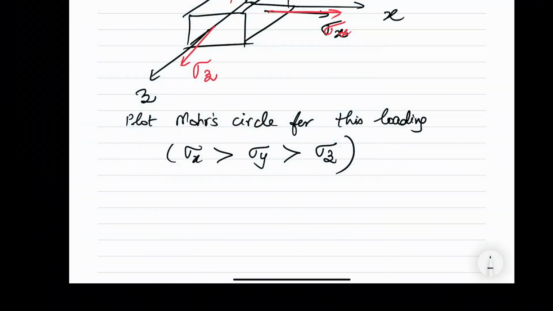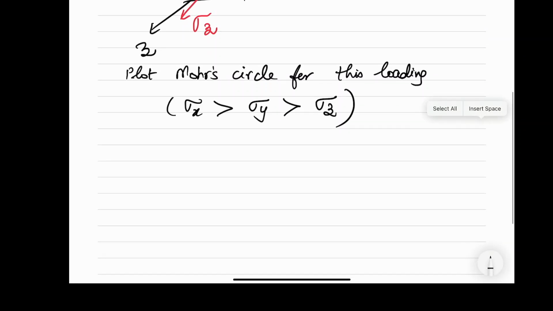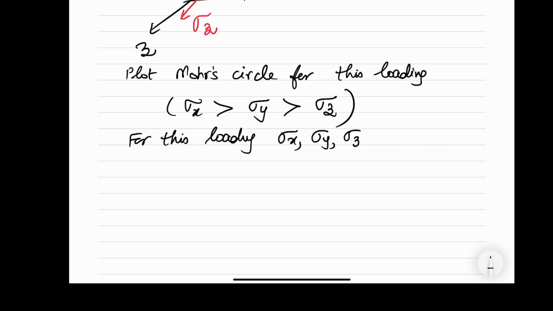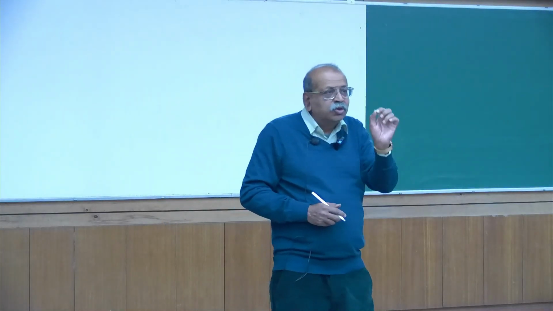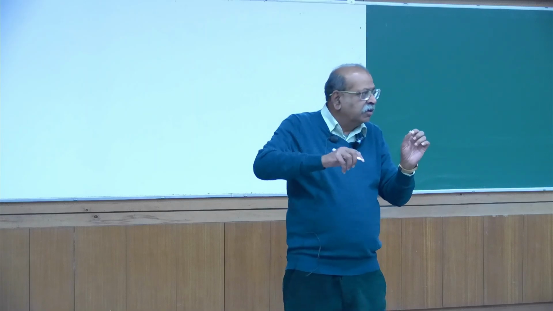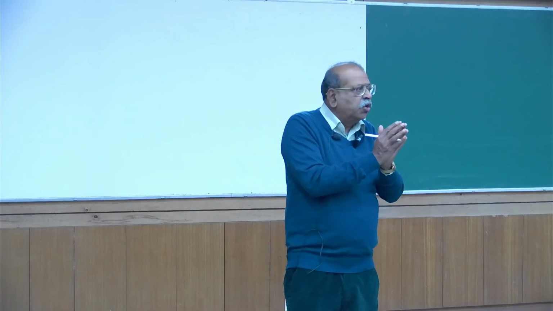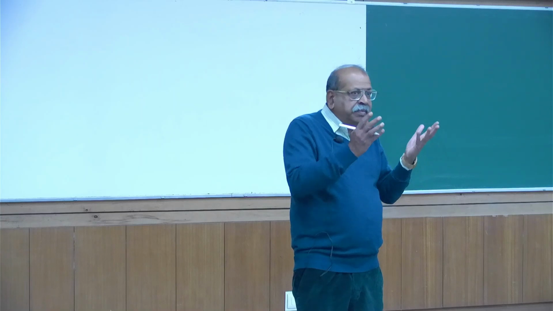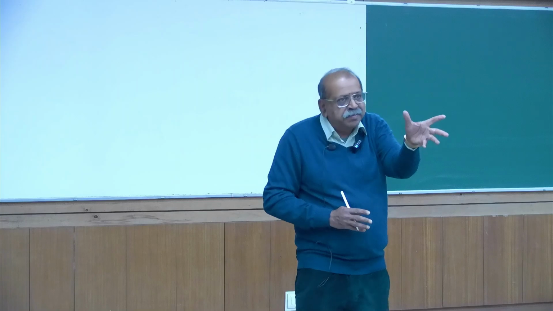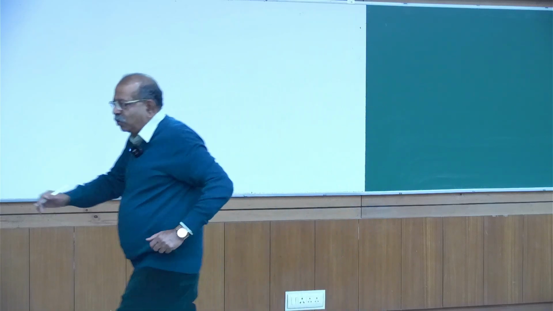But what we realize is that for this loading, sigma x, sigma y, sigma z are principal stresses. Now, see, the relation for Mohr circle holds only for a planar relation. If it was a general loading, I could not have plotted a Mohr circle based on that loading. But if I orient myself on the principal axis, then let's see what happens.